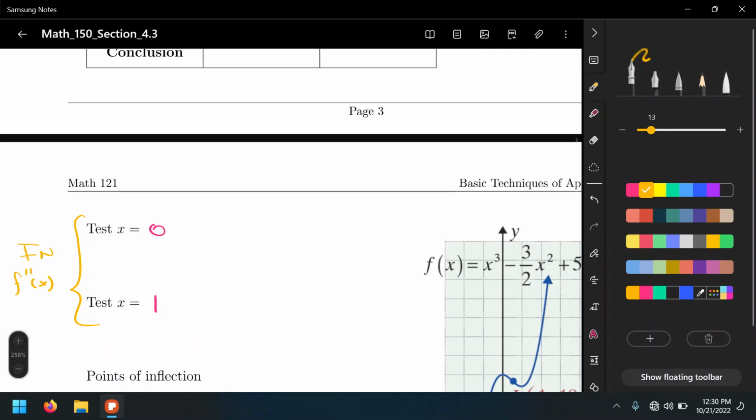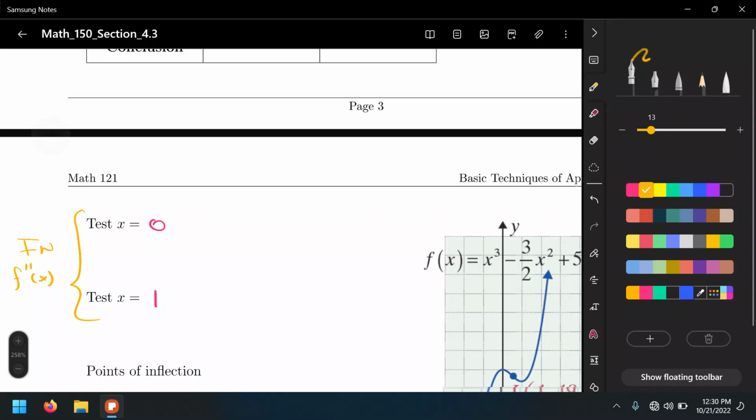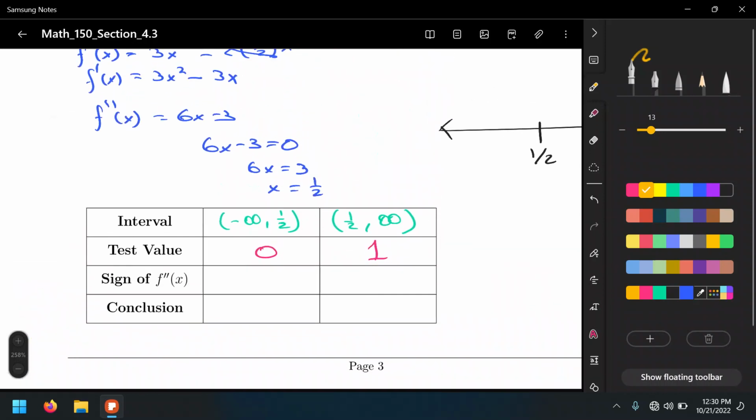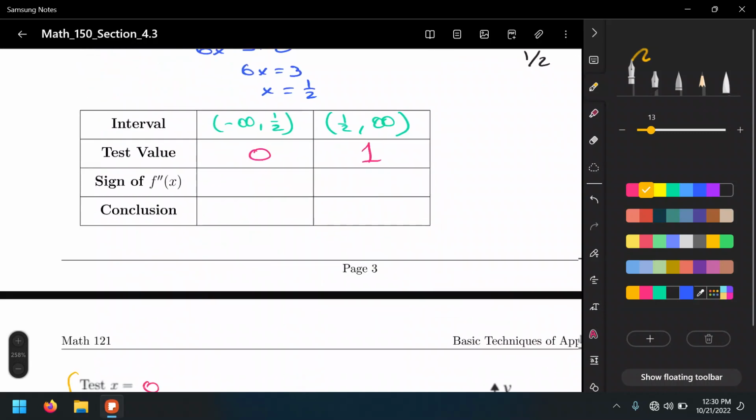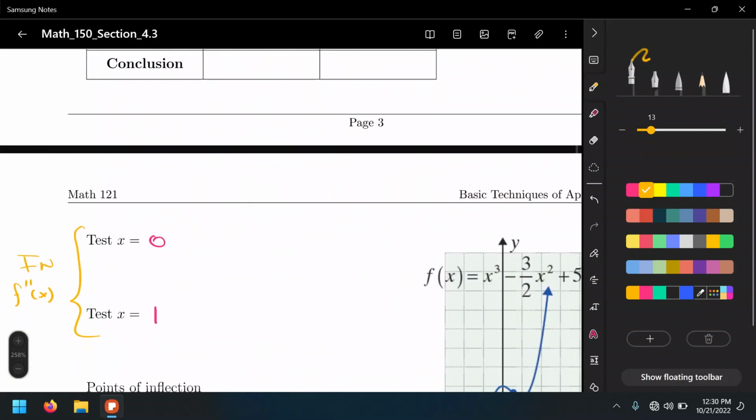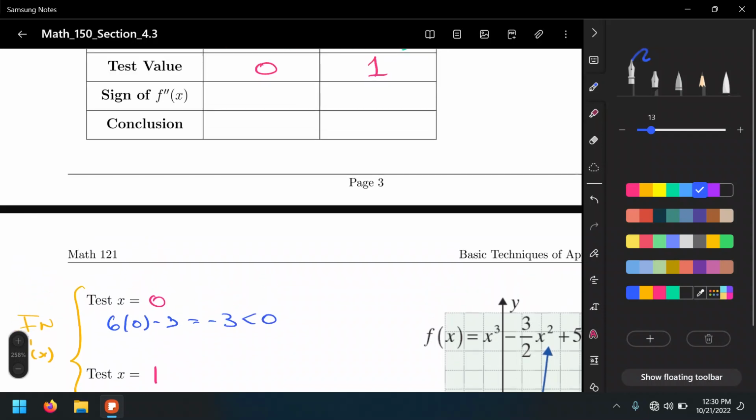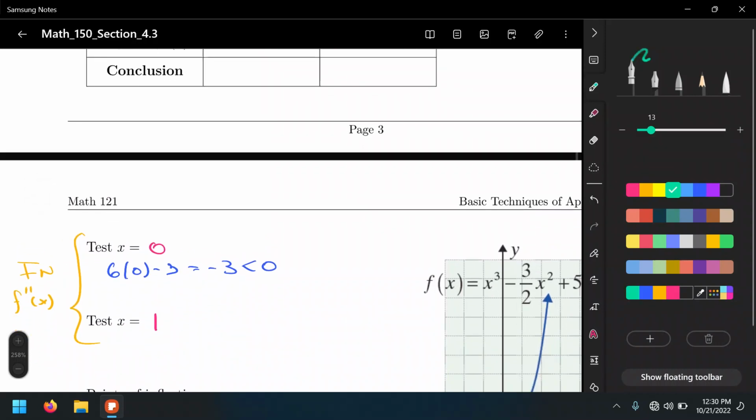So we're going to look at the sign of the second derivative. That's 6x minus 3, all right? So that's 6 times 0 minus 3. That's a negative 3, which means it's a number less than 0. And when the sign in this case is negative, well, we'll figure it out in a minute.